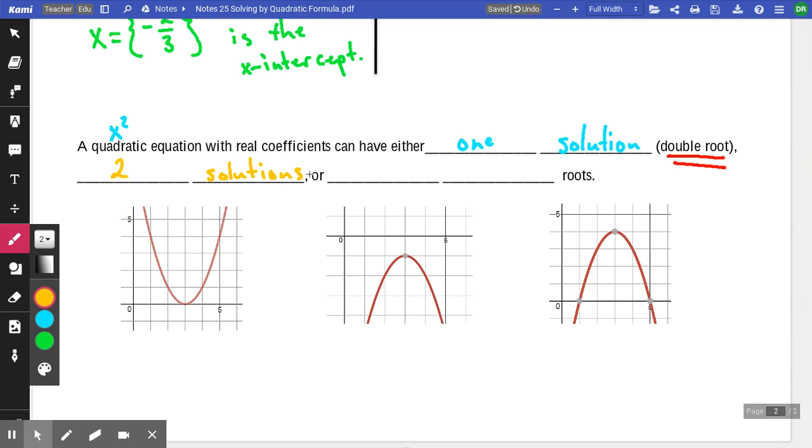So that would mean that we have two x-intercepts on our graph. Or it is also possible, like we just saw in the last case, to have two complex roots. And I'm going to put complex because that's very common to say it that way. But also remind you that complex means imaginary.